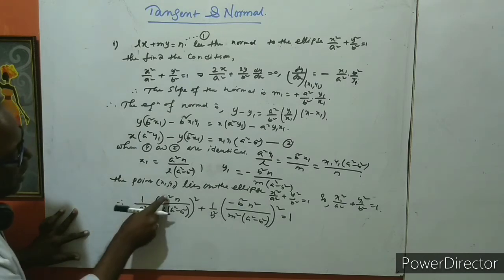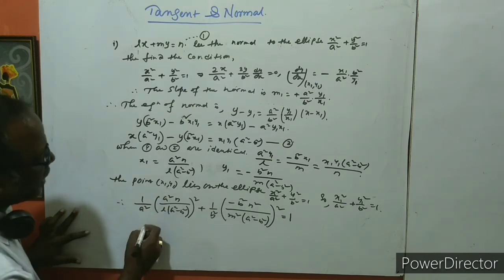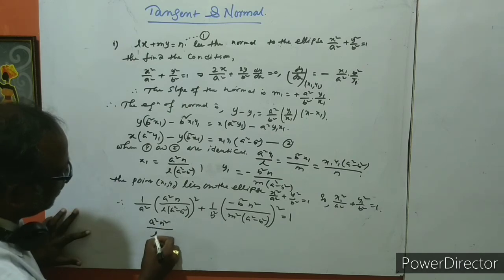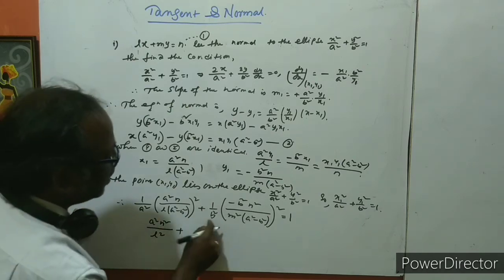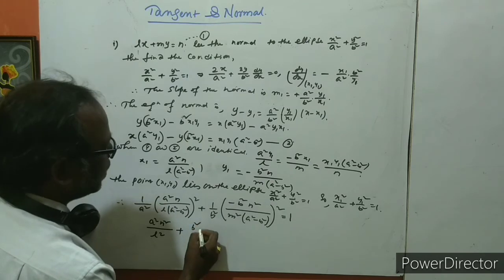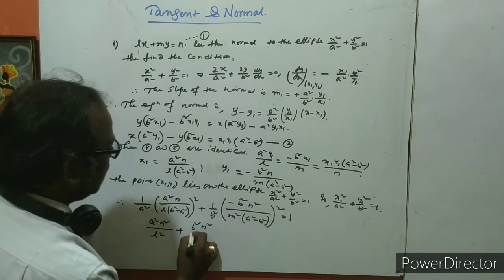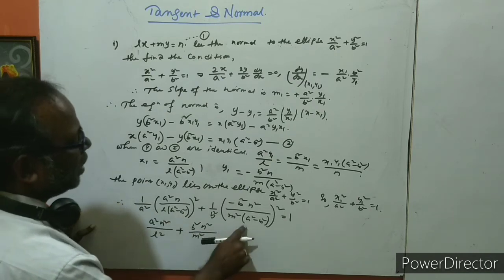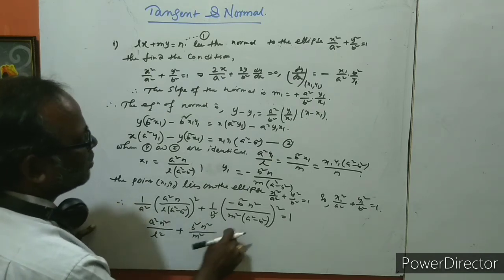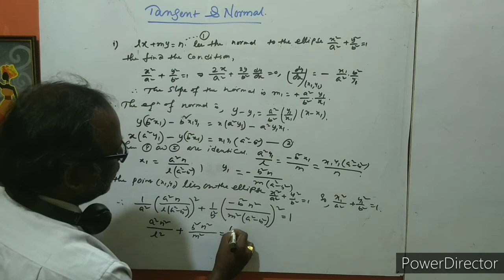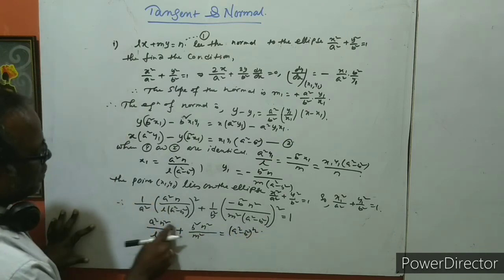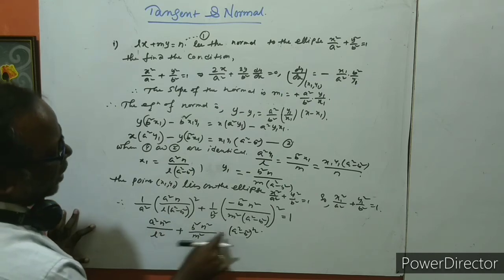Simplify, and squaring this, x over 4 by a square will cancel. So that is a square n square by a square. And right, this square cancels, so one square is left here. So n square by n square. And the square of a square minus b square and square of a square minus b square are shifted to the right hand side, that is a square minus b square and whole square. And take n square in common and divide by this.